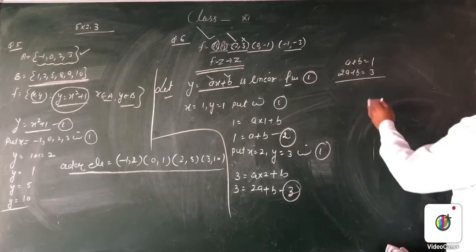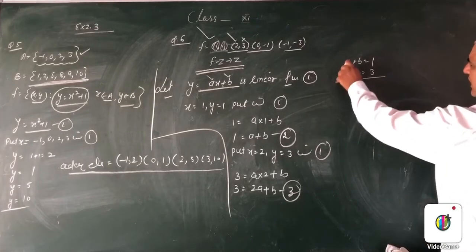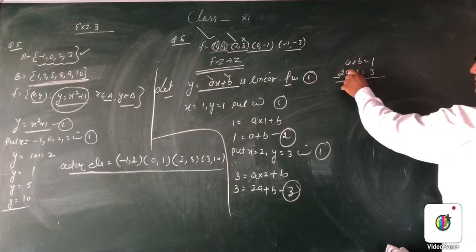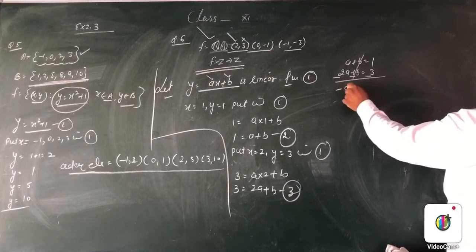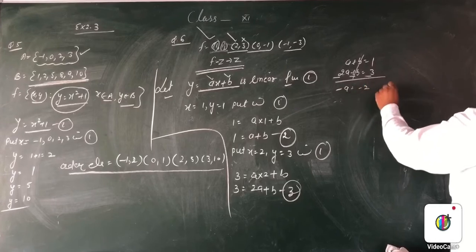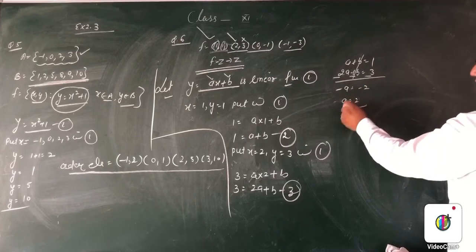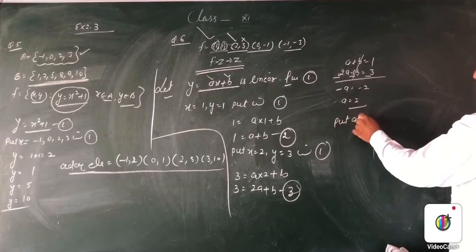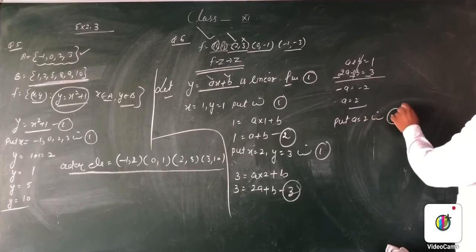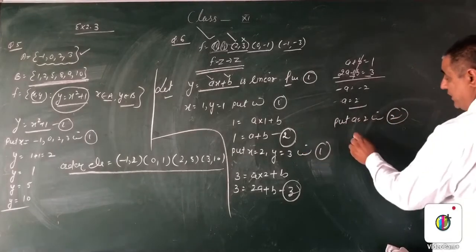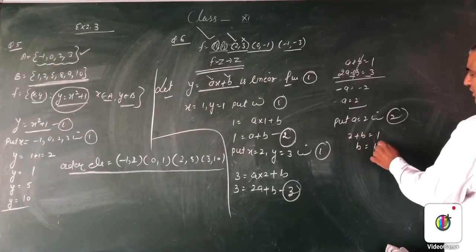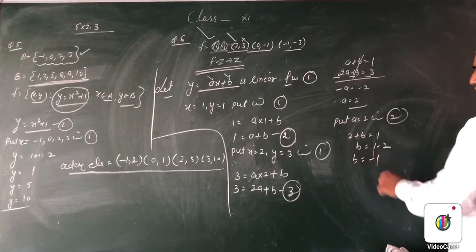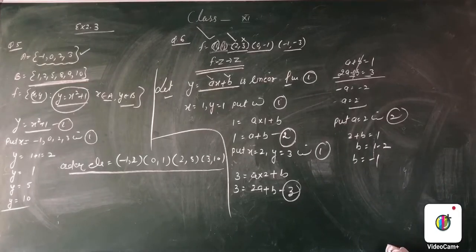Now we subtract these two equations, then b cancels, and we get the value of a: -a = -2, a = 2. Put a = 2 in the second equation: 2 + b = 1, b = 1 - 2, b = -1. This is the value of a and b.